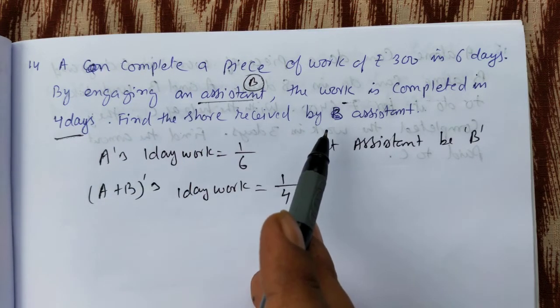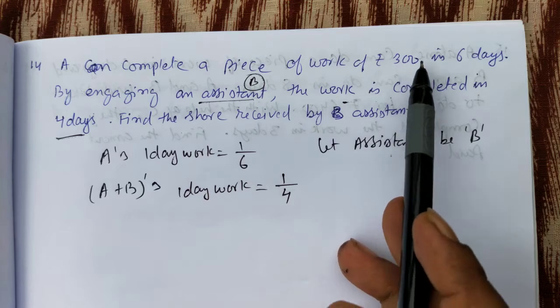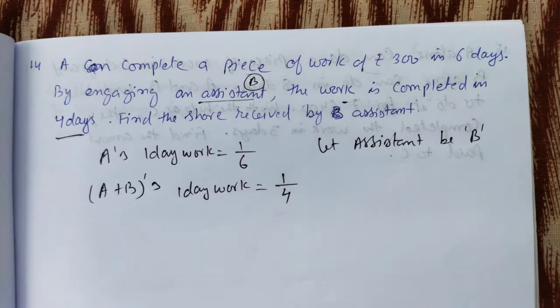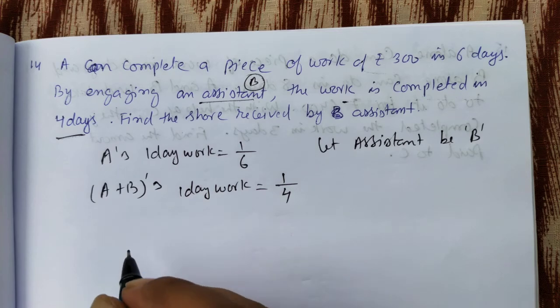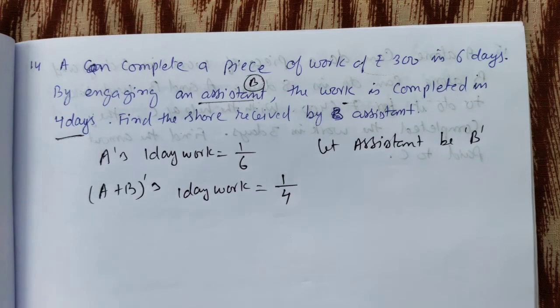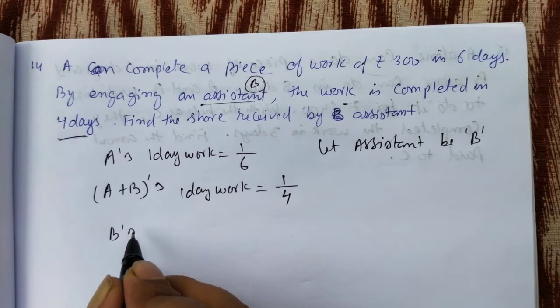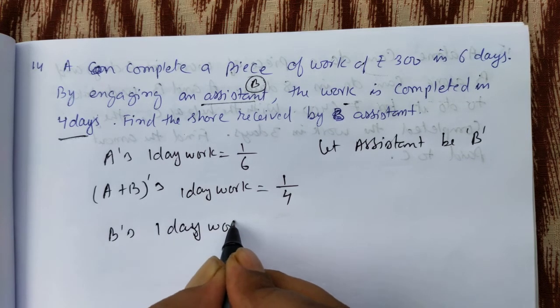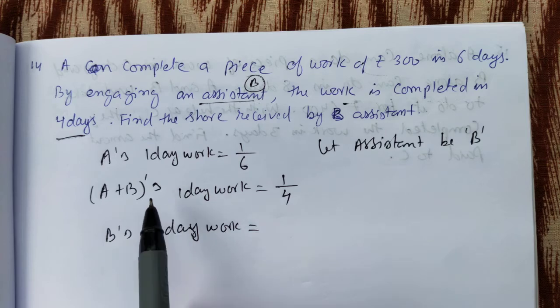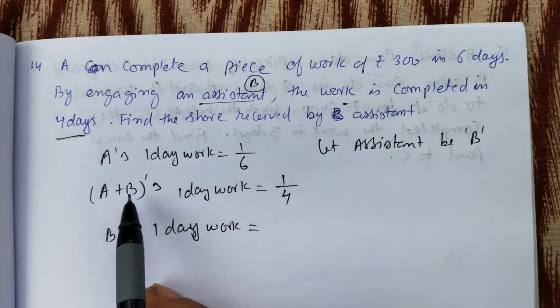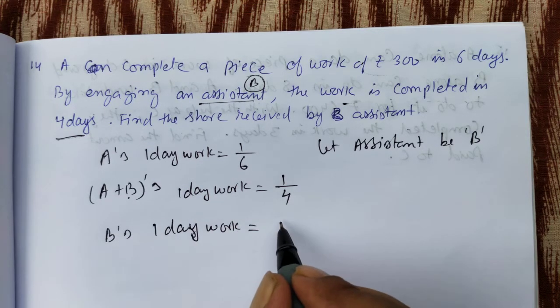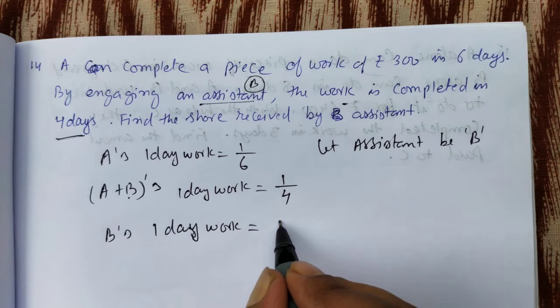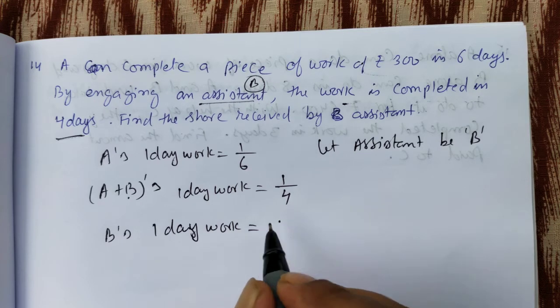Find the share received by assistant B. How much money they will get if 300 is divided. So what you have to do, you have to find B's 1 day work. We have to subtract these two, this minus this.